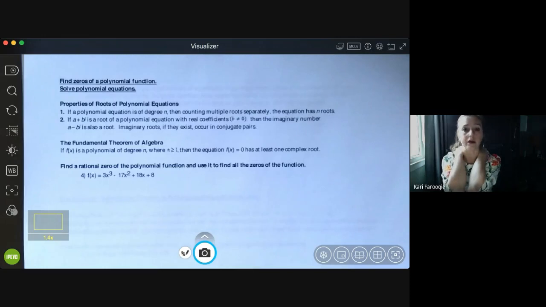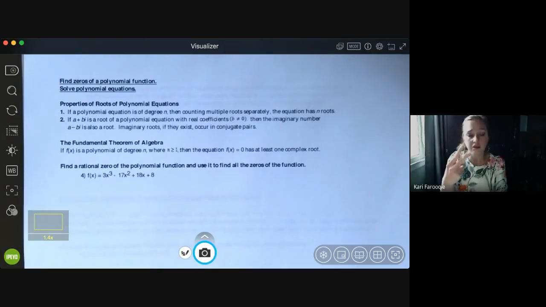Now, the whole counting multiple roots separately thing, that has to do with multiplicity. So if you'll remember, we had some situations back in 3.2 when we found zeros, and sometimes we had them with multiplicity 2 or 3. That means that if it's multiplicity 2 or 4, for instance, you're seeing that behavior where the graph will touch the x-axis and turn around.